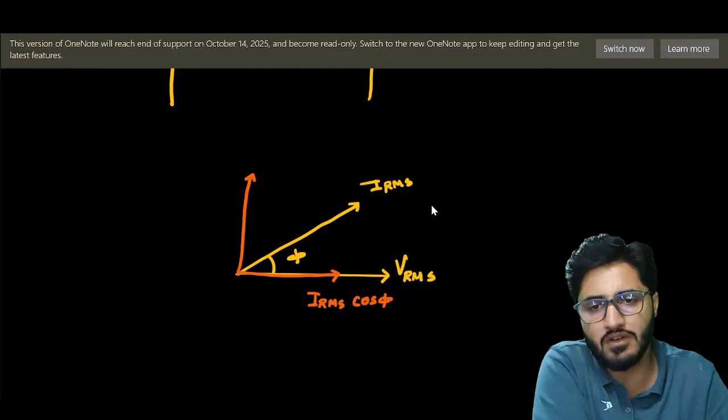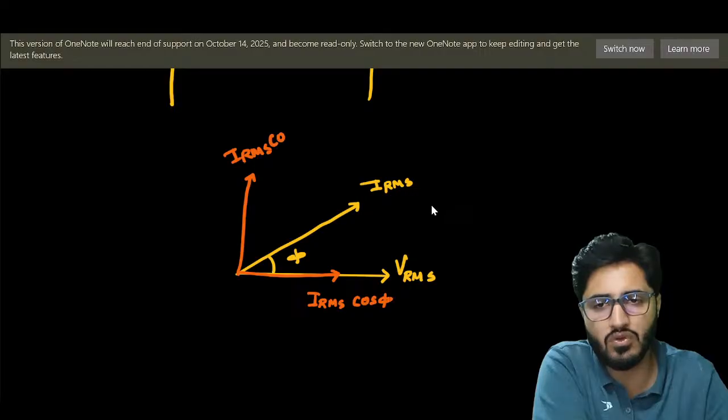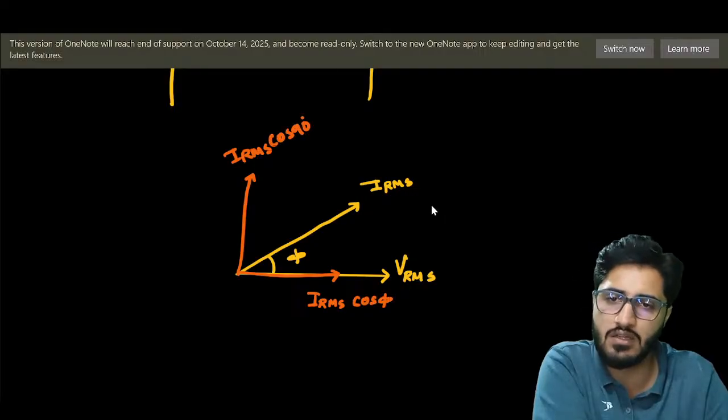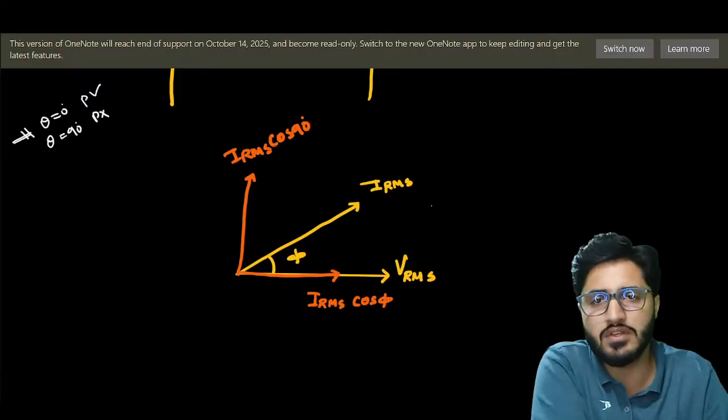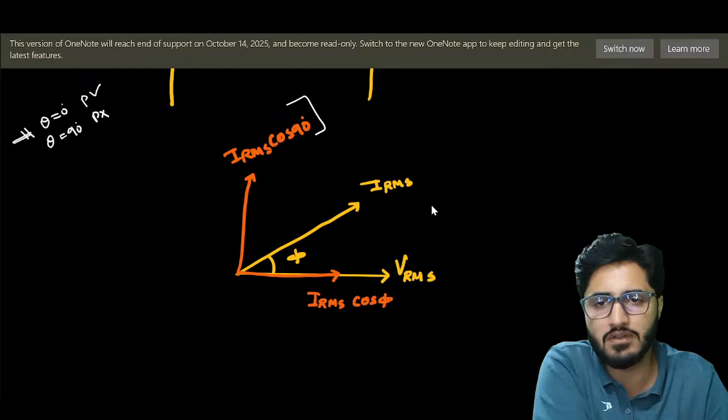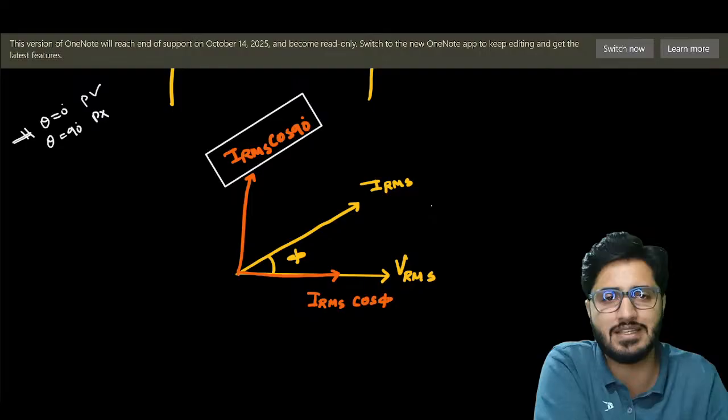In the previous case, we concluded that when theta equals 0, power consumption is there. When theta equals 90 degree, no power consumption.